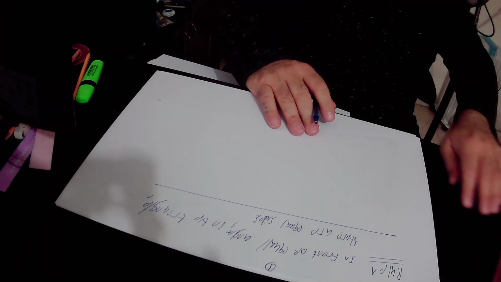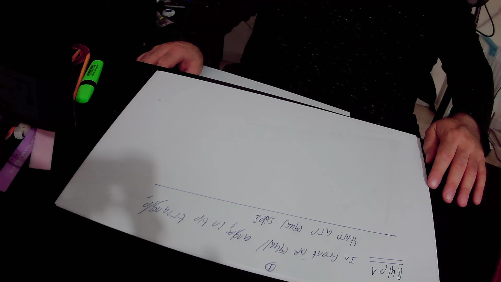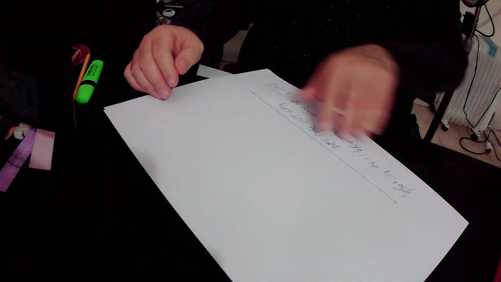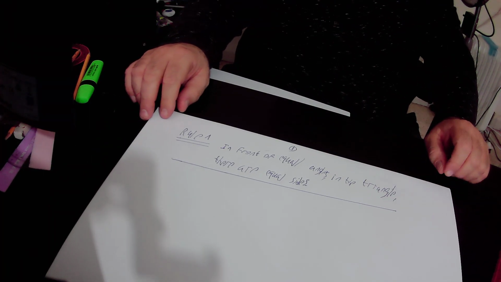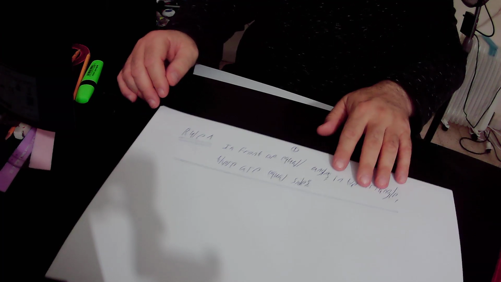I read rule number 1 again. According to rule number 1, in front of equal angles in a triangle, there are equal sides.